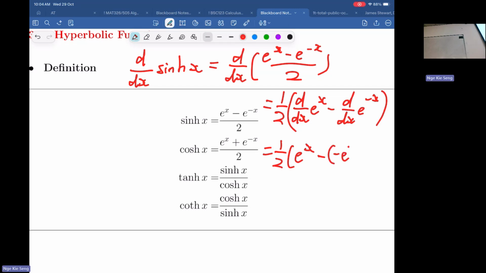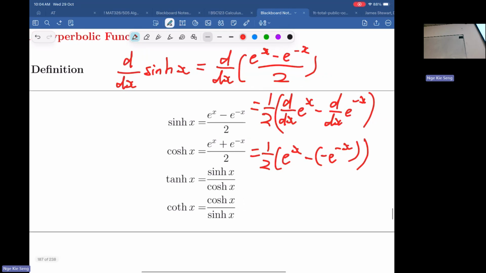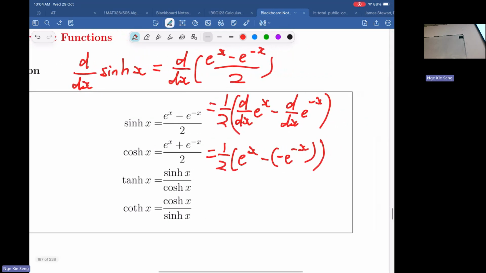Minus e to the minus x. So what rule do you use? Chain rule. Good. So basically you use the chain rule here. What do you need to set for chain rule? You just set y equals e to the u and then u equals minus x.